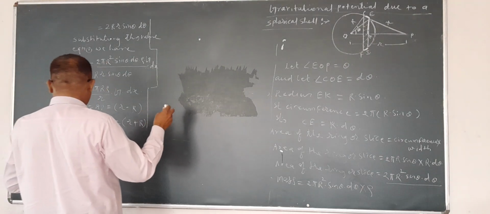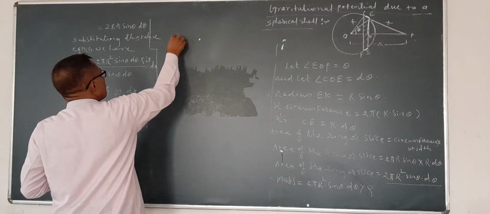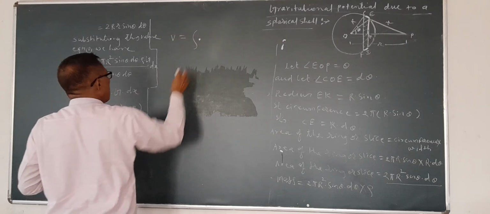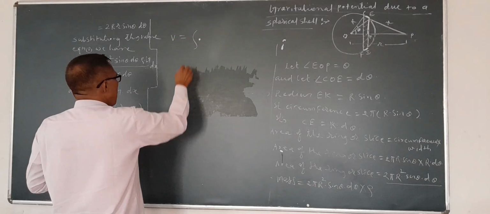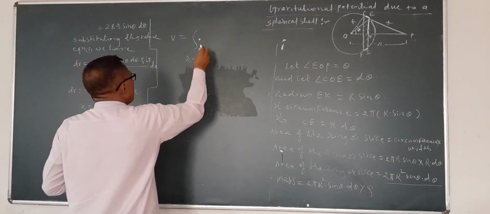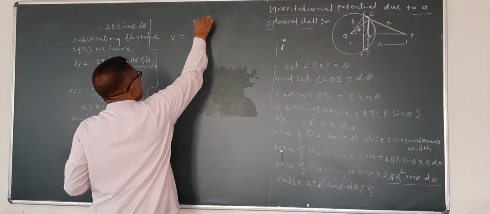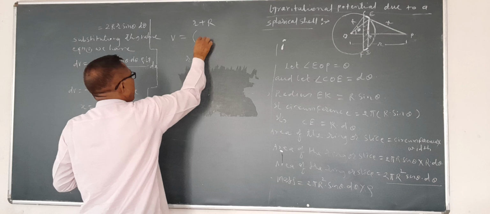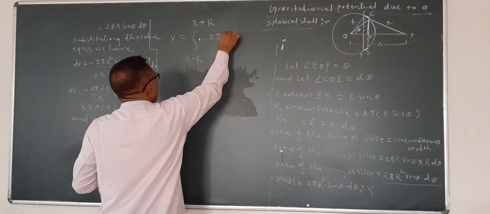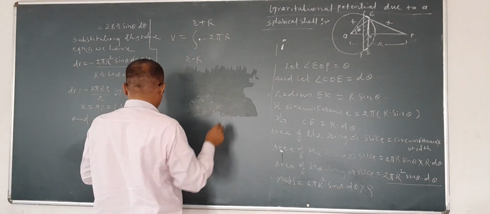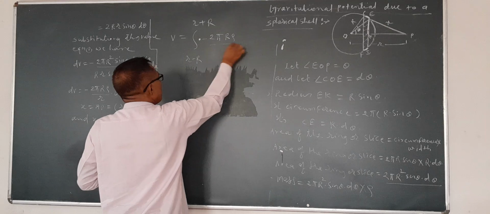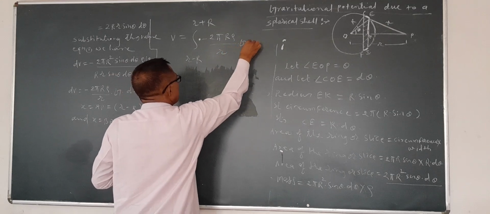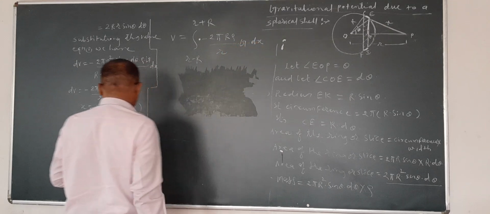Therefore V equals the integration from r minus R to r plus R of minus 2π R ρ G upon r dx.